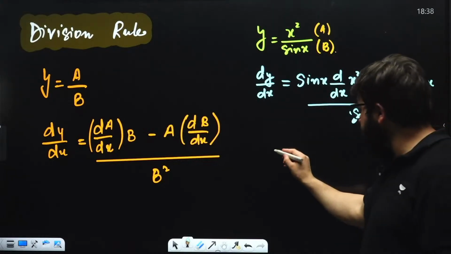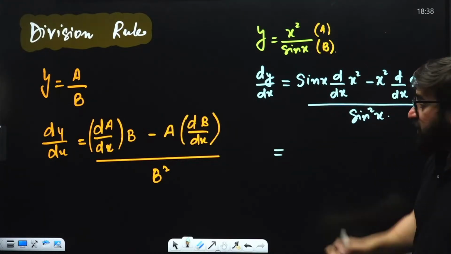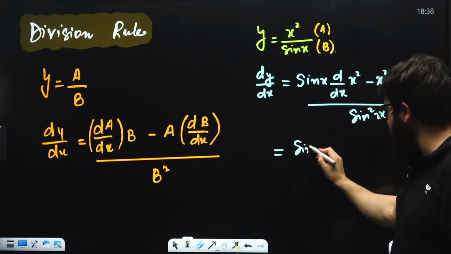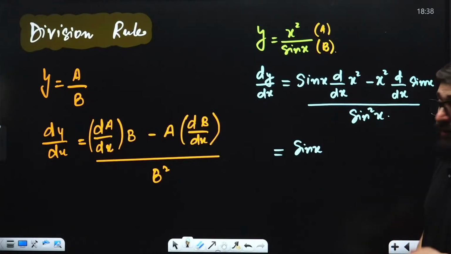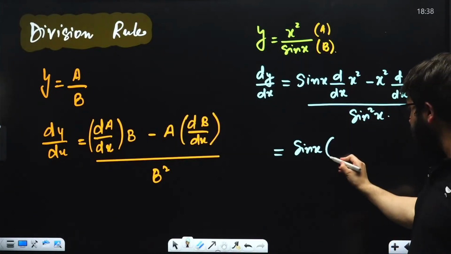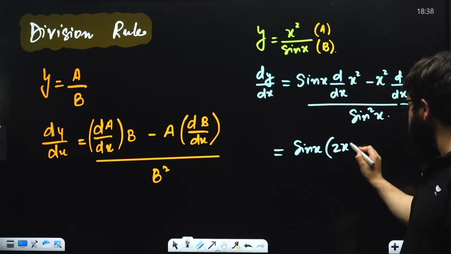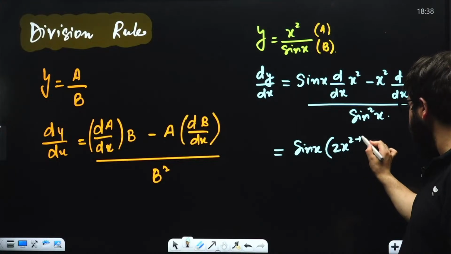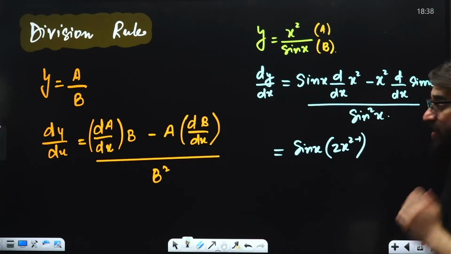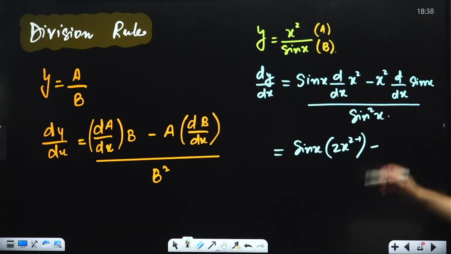Now do the differentiation in the next step. We'll keep this sine of x as it is. Then differentiation of x square. What is differentiation of x square? 2 down, x raised to the power 2 minus 1. Then minus, we'll keep this x square as it is.